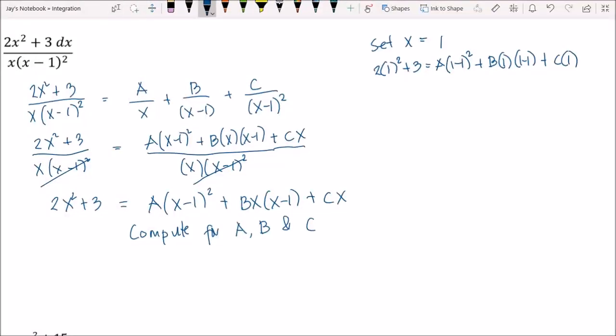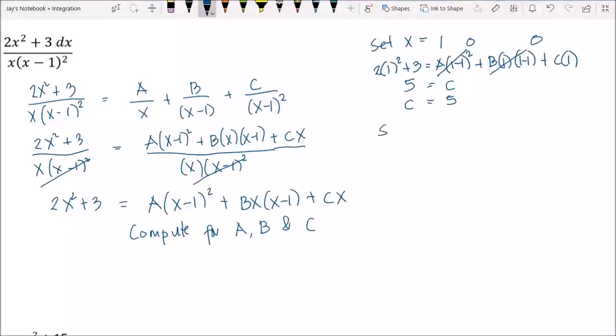So this is 2 times 1 squared plus 3, which is equivalent to 5. Am I correct? This is equal to 0, and this is also 0, since 1 minus 1 is equivalent to 0. So the result is c is equal to 5. Okay, so we already have a value of c.